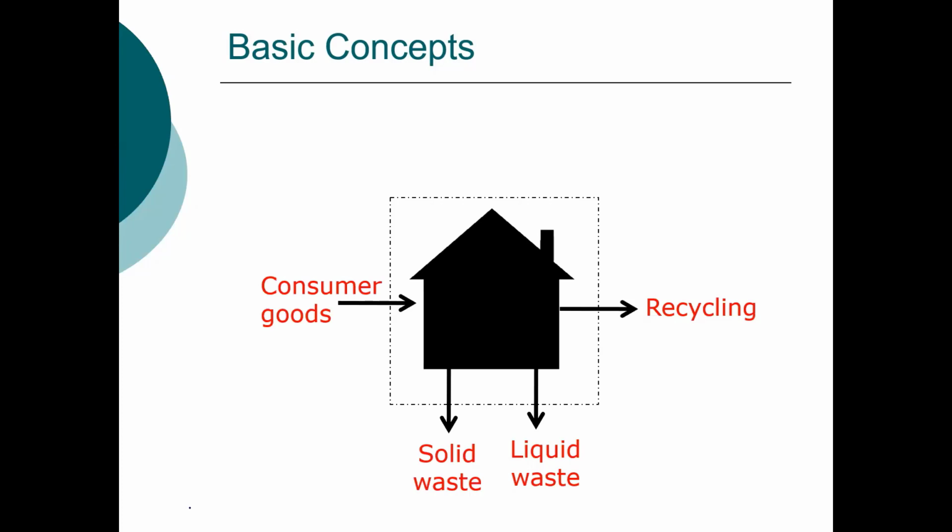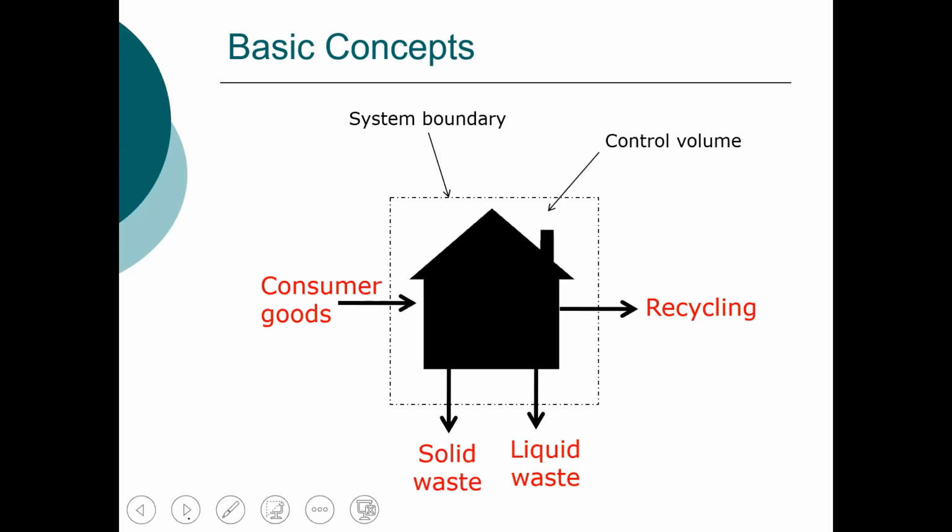We can define it however we like, but we have to define the system boundary. The space within that system boundary is our control volume. So what we're looking at is the change in mass within that control volume.